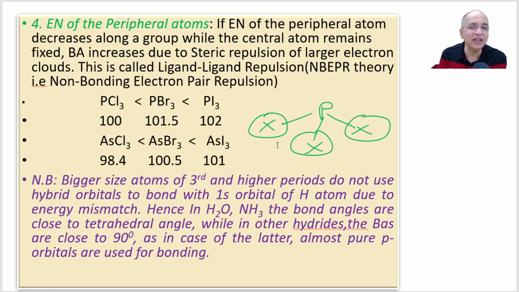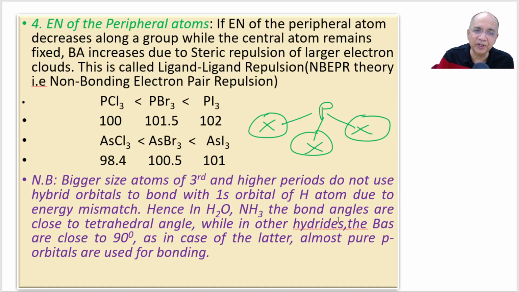So the theory that tells you why the bond angle is greater than 90: on one hand I was saying phosphorus is incapable of using hybrid orbitals. There is a lone pair here.